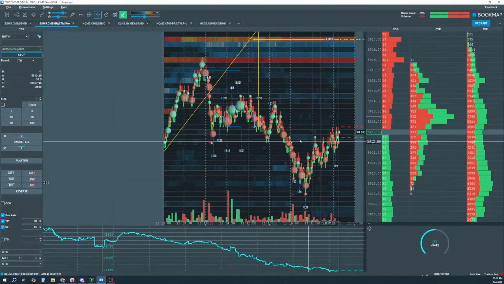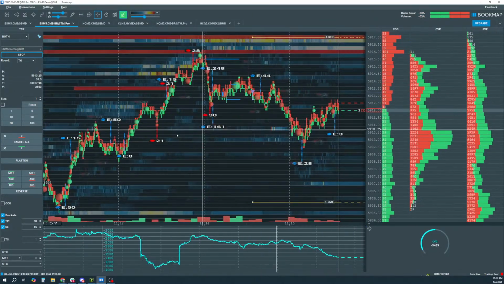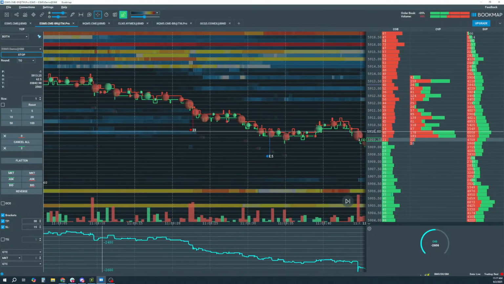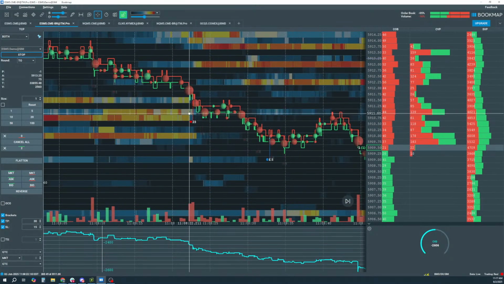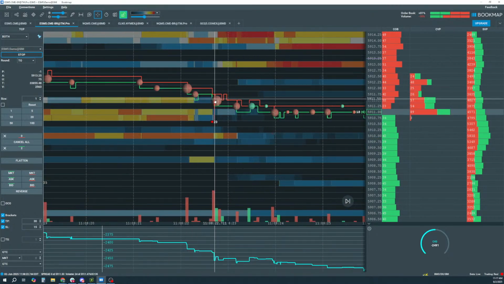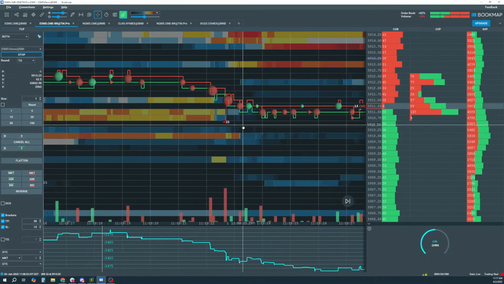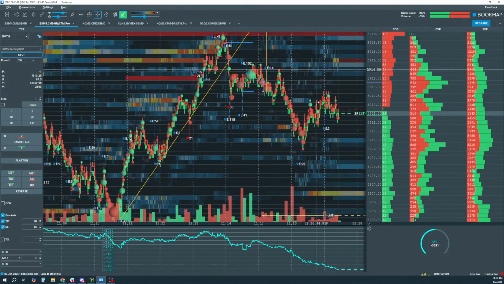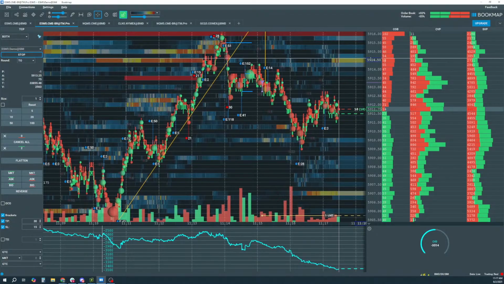So that's a little different than this move previously here. A lot of that liquidity is kind of pulled in here, as you can see. Some of it transacted here, but then some of this pulled in here. Right, so it's a little different. So maybe we just chop around in here for a while now.